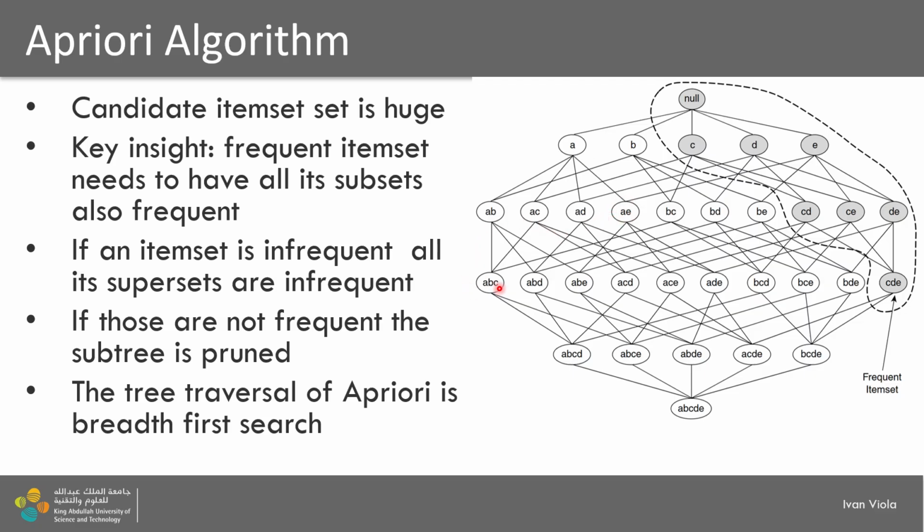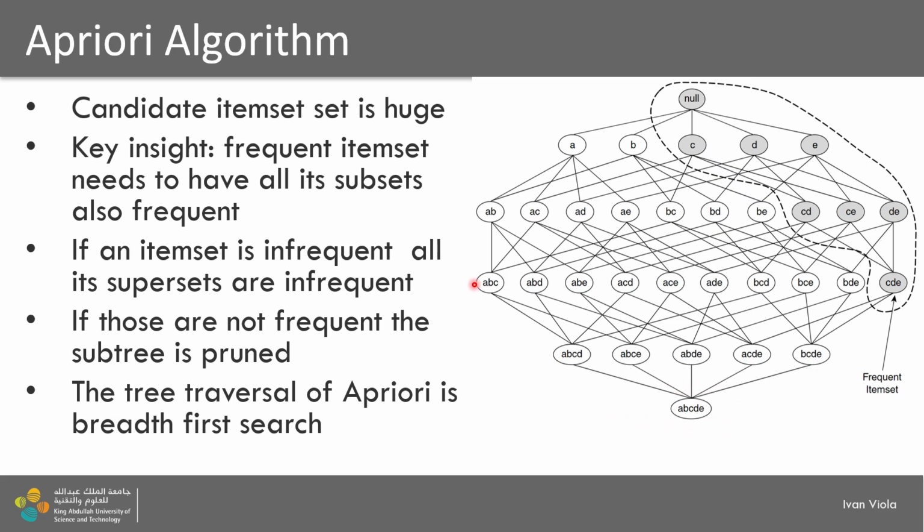Then combinations of 3 letters is here, which is 1, 2, 3, 4, 5, 6, 7, 8, 9, 10. Well, we can use combinatorics for expressing how many of these combinations we will obtain. Then 4-item sets will be 5, and then there will be 1 6-item set.